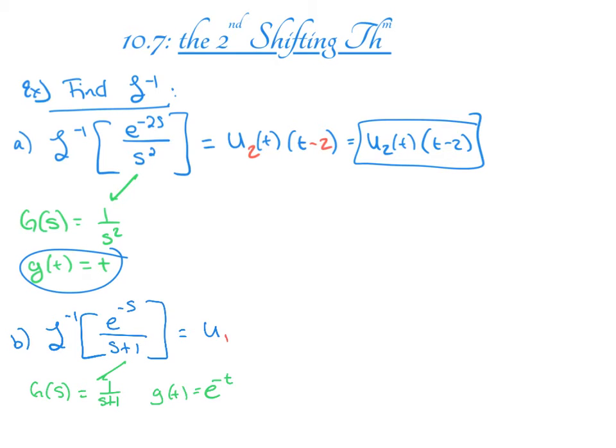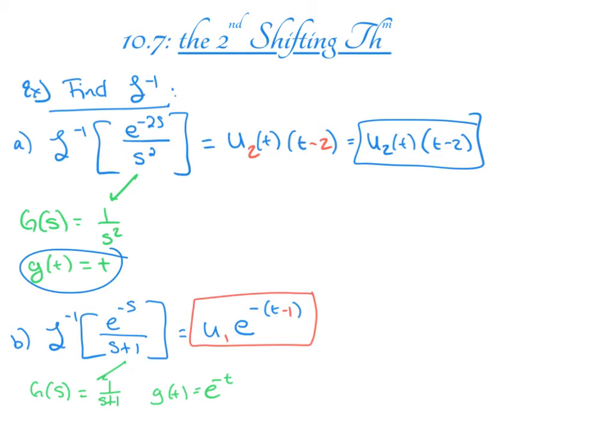So when we go back and write this, we want to put e to the negative t, but we have to show that there was a shift. So it's going to be t minus 1. So e to the negative quantity t minus 1 times u1.